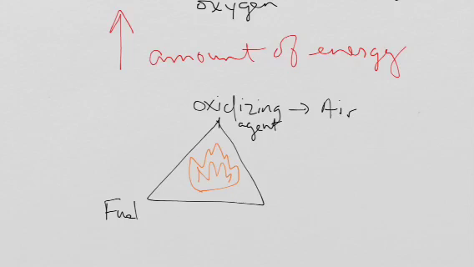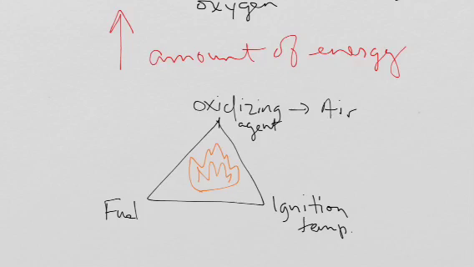But the last ingredient that's necessary for a fire is something called ignition temperature. Okay, and the ignition temperature is that minimum temperature, and we know from chapter 3 what temperature actually is. It's the movement of particles, and it's that minimum level of thermal energy needed to actually sustain a fire.